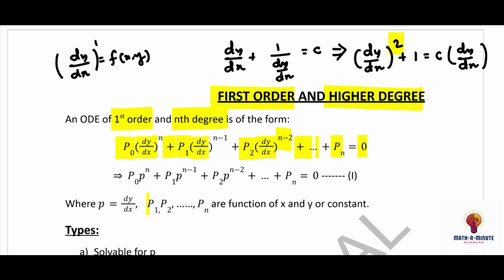Here P1, P2, Pn are functions of x and y, or they may be constants also. We write this differential equation as P0 p^n plus P1 p^(n-1) and so on, where p is nothing but dy/dx. So we use the notation dy/dx equals p.